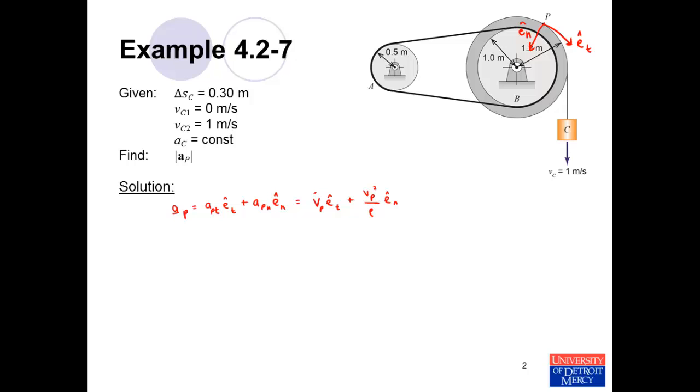We're not given very much information about point P directly. Most of the information we're given is about mass C. However, the fact that mass C is connected by a rope that is wrapped around the drum and unwinds from the drum without slipping means that the motion of P is related to the motion of C. Specifically, however much mass C moves downward is exactly equal to the displacement of point P along the curve.